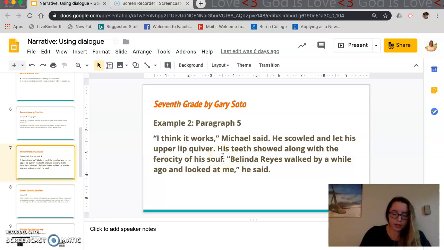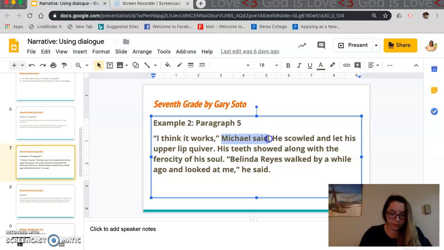In this sentence, the speaker tag is "I think it works," Michael said. This lets the reader know that our character Michael is the one speaking, and the following sentence states that he scowled and let his upper lip quiver, which is our action beat.